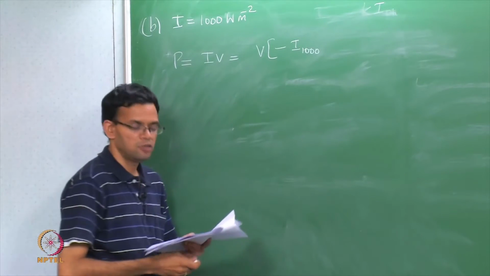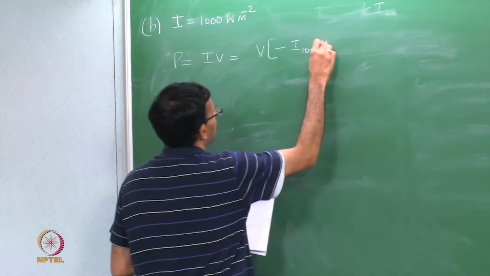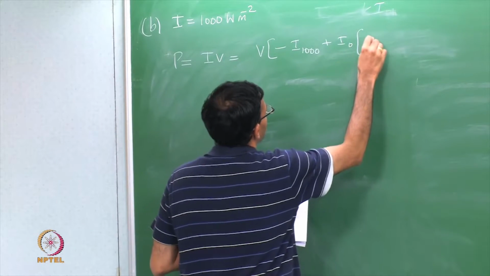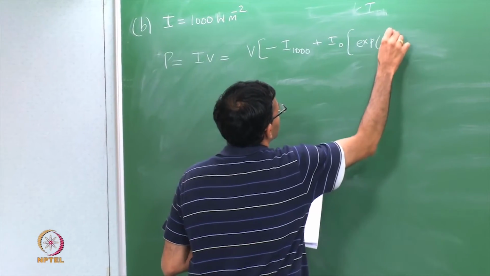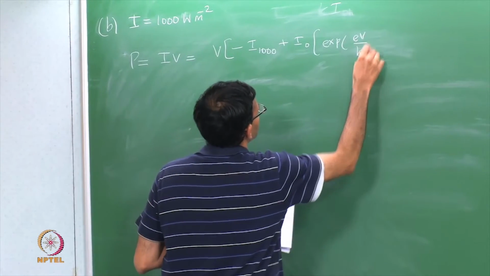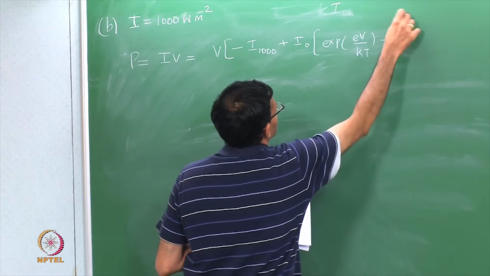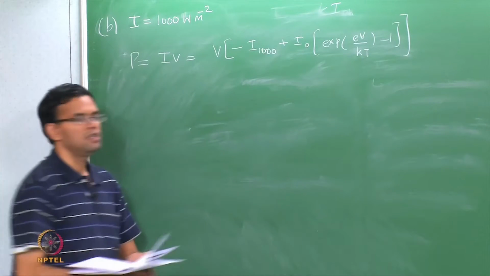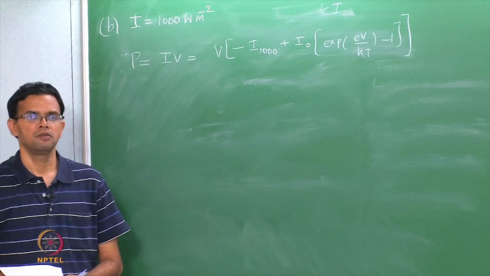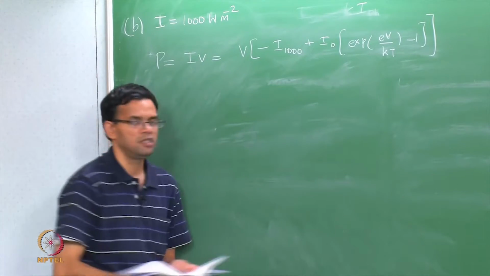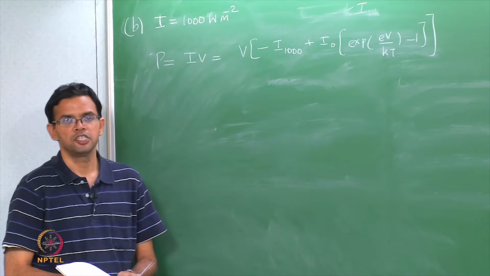So, we have I 1000 plus I naught exponential EV over KT minus 1. So, this is the expression for the power. If you look at it, everything here is a constant except for the voltage.